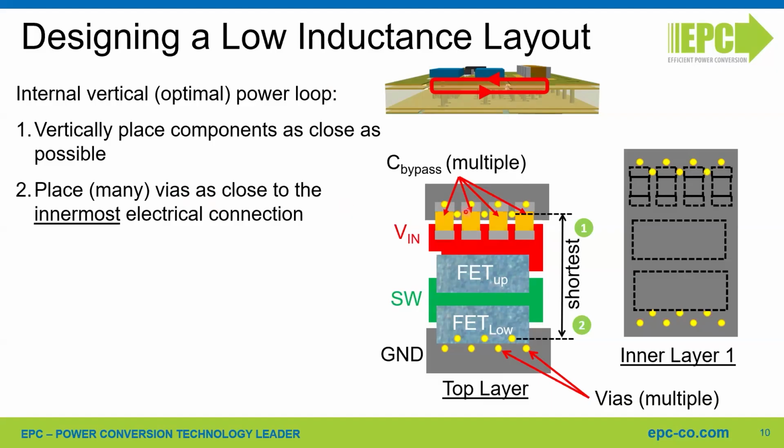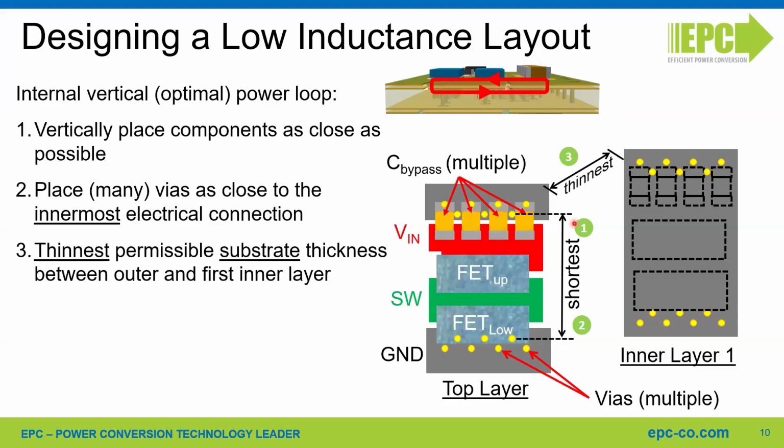Many vias are used in parallel, and they are placed as close as possible to the innermost connection in order to shorten the path to the first inner layer, and keep this distance to a minimum. Then the insulation thickness is kept to the minimum amount required for the blocking voltage that is in the circuit. It's typically 0.1 millimeter for up to 100 volt and 0.2 millimeter up to 200 volt.